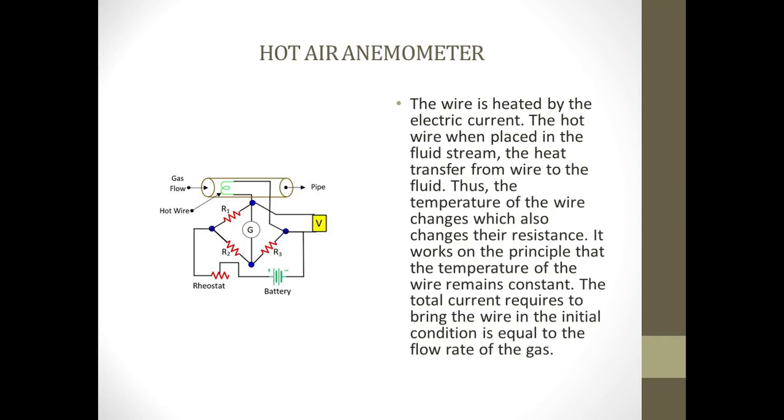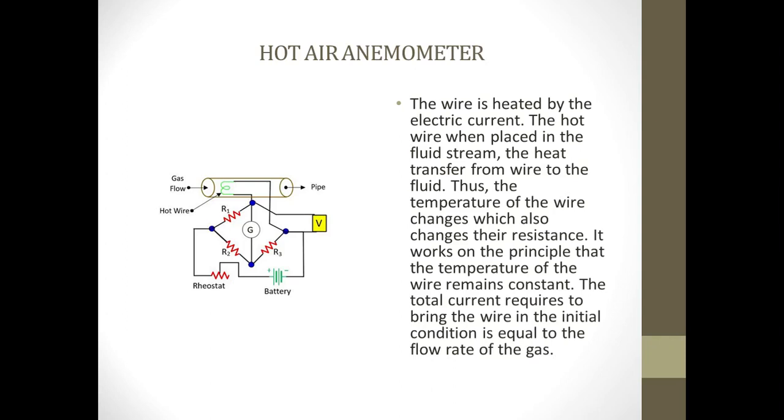Hot wire anemometers are commonly used in two different modes: constant current type and constant temperature type. In constant current mode, the fine resistant wire carrying a fixed current is exposed to flow velocity.